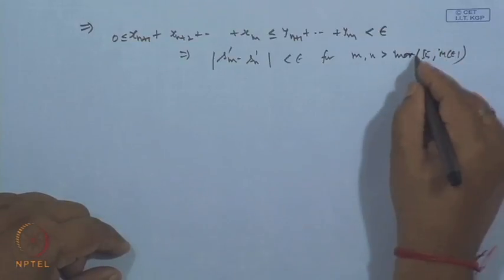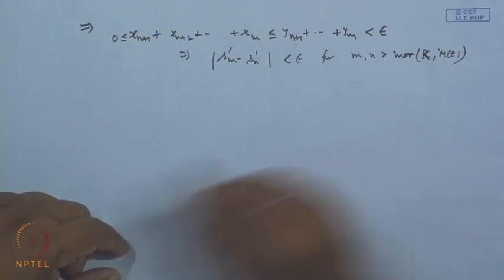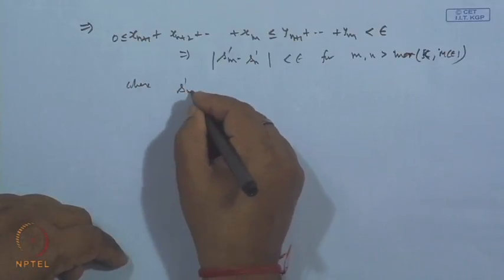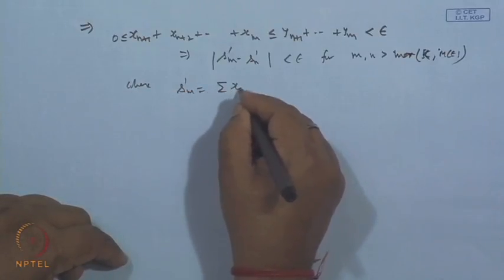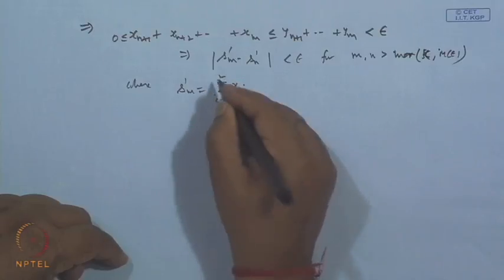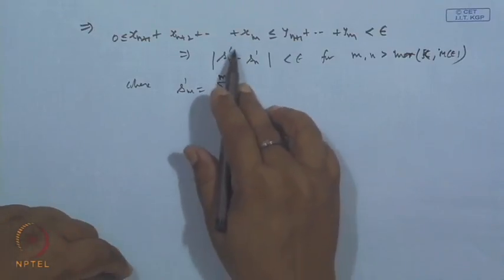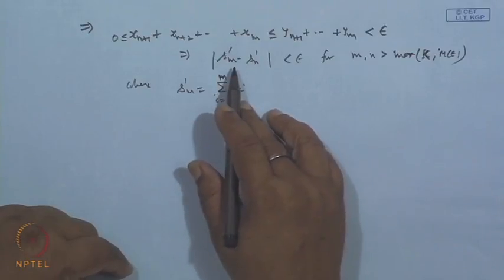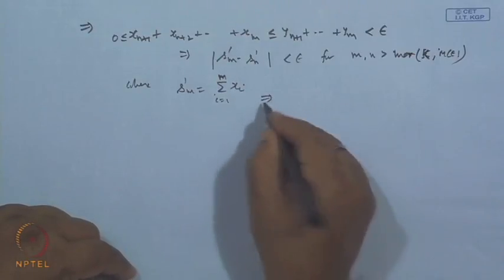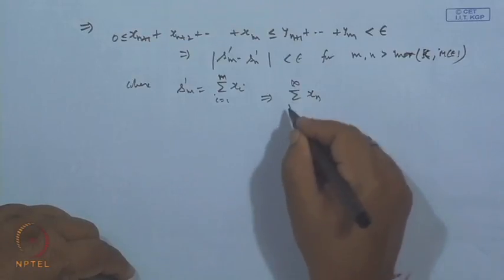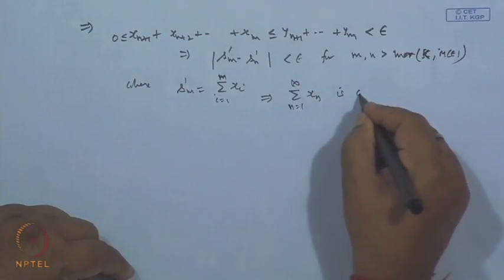This is some integer, okay, k_n epsilon. And where S'_m stands for sigma x_i, i is 1 to m. So, this shows the sequence S'_n is a Cauchy sequence, therefore, it is convergent. So, this implies the series sigma x_n, 1 to infinity is convergent.